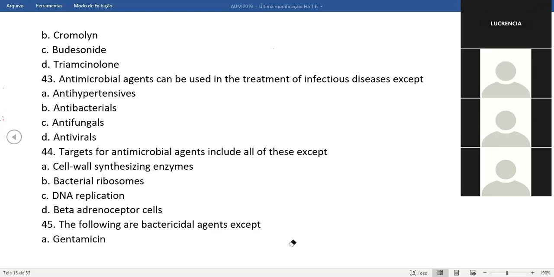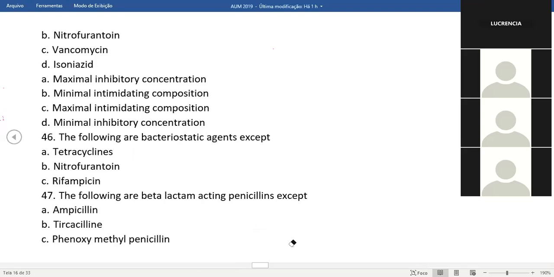Targets for antimicrobial agents include all of these except beta adrenoceptor cells. The following are bactericidal agents except gentamicin, nitrofurantoin, vancomycin, isoniazid.